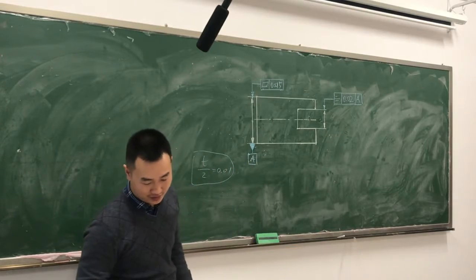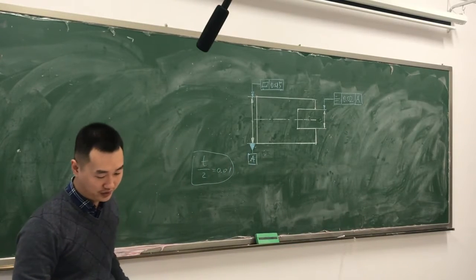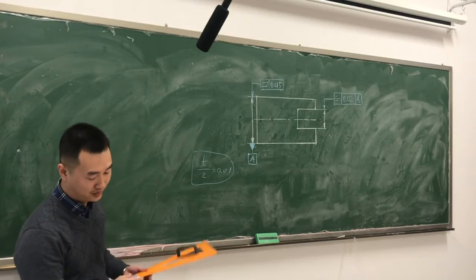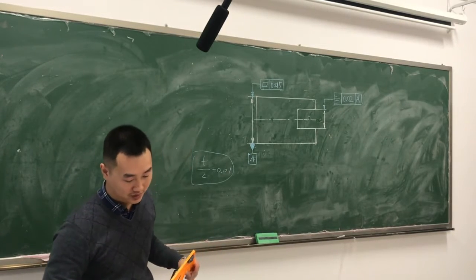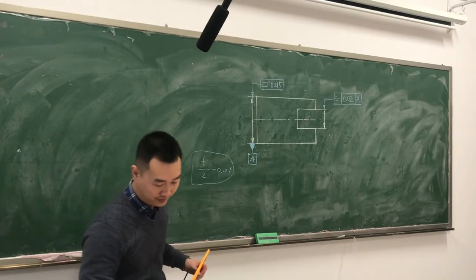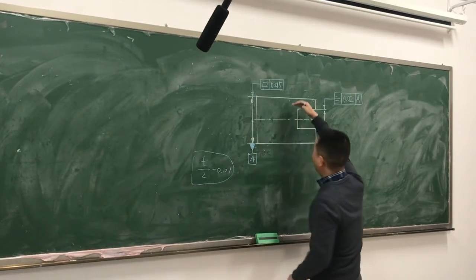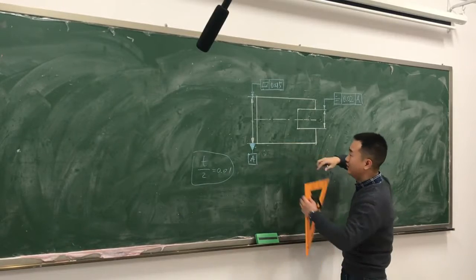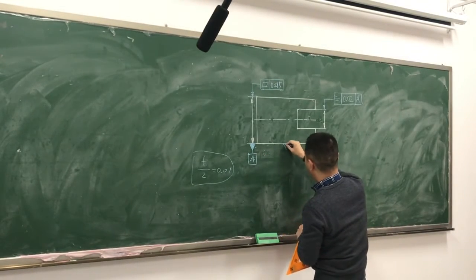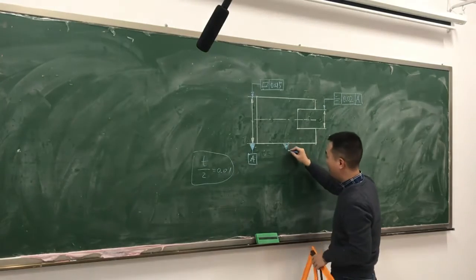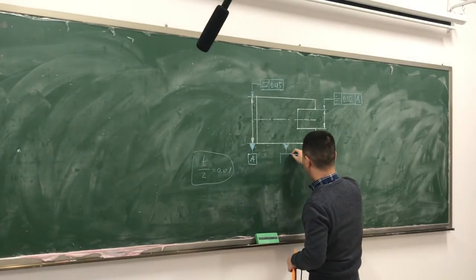And the final one is easy. The upper surface has parallelism with the lower face, and the value is 0.02. So the upper face is here, the lower face is here. So the lower face serves as the datum. The lead line should point to the contour line.